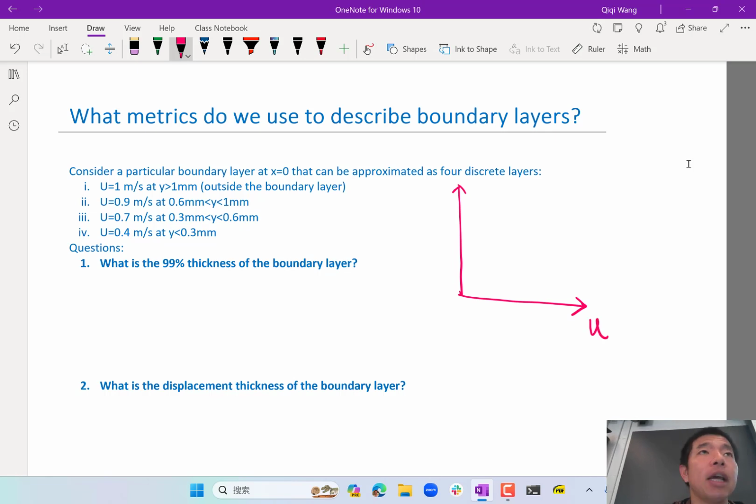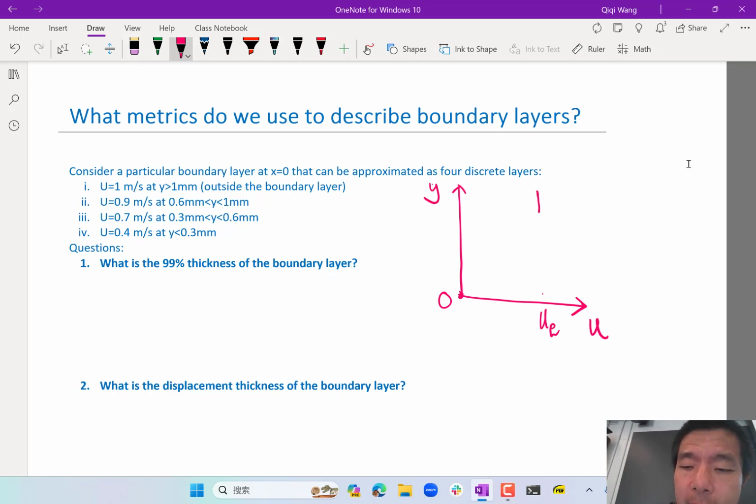The x direction is the velocity along the wall, so the velocity parallel to the wall, and y is the distance away from the wall. So at y equal to 0, the velocity is also equal to 0. And when y is outside of the boundary layer, the velocity is equal to what we call UE, the velocity at the edge of the boundary layer or outside of the boundary layer.